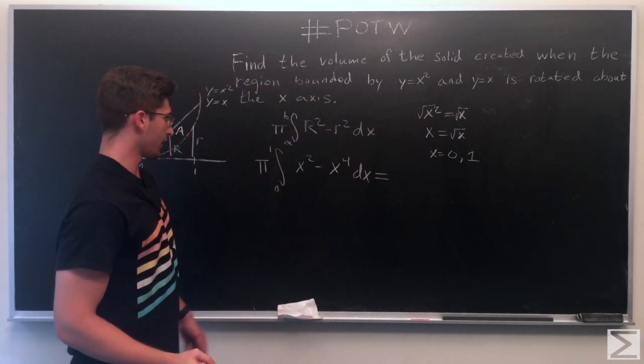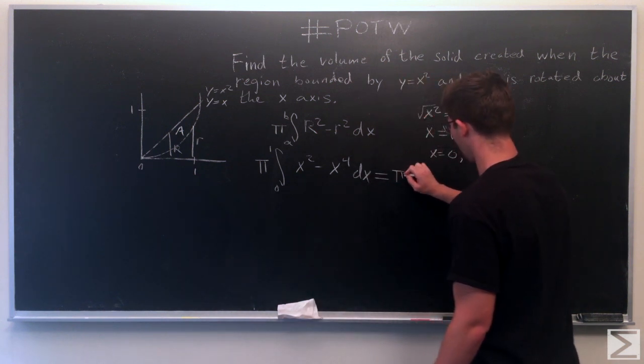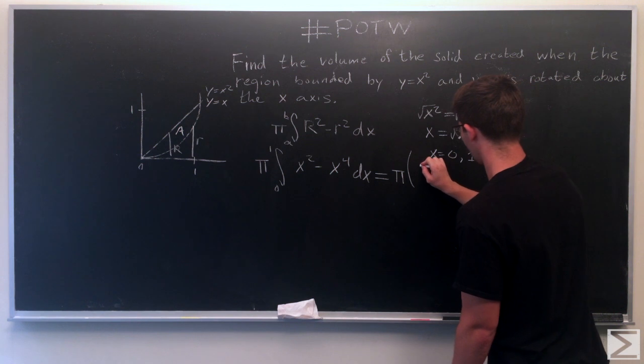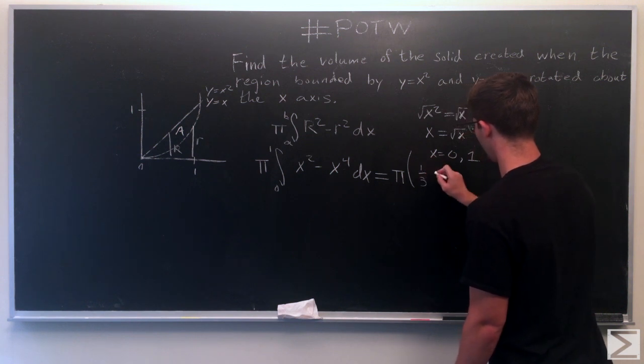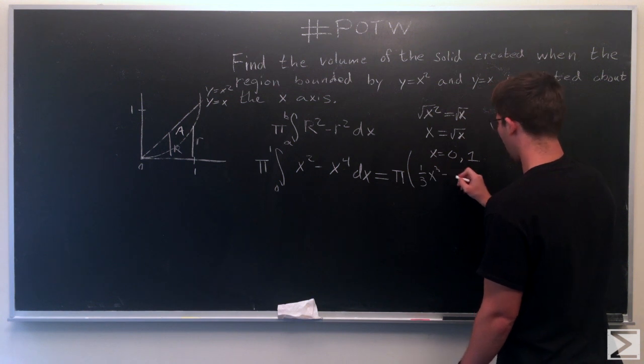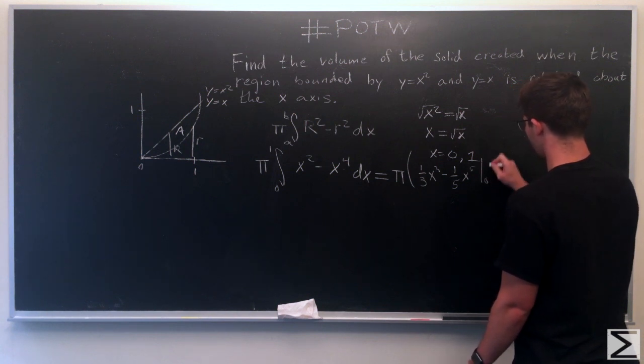Let's go ahead and find the antiderivative. That's going to be pi times 1 over 3 x cubed minus 1 over 5 x to the 5th, from 0 to 1.